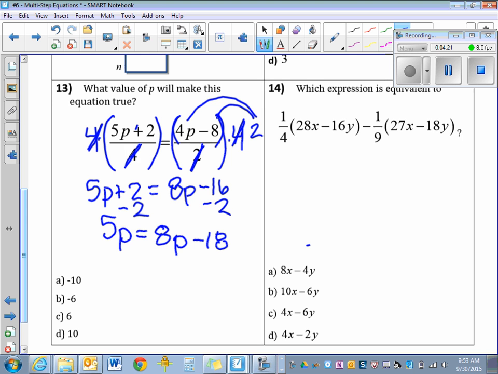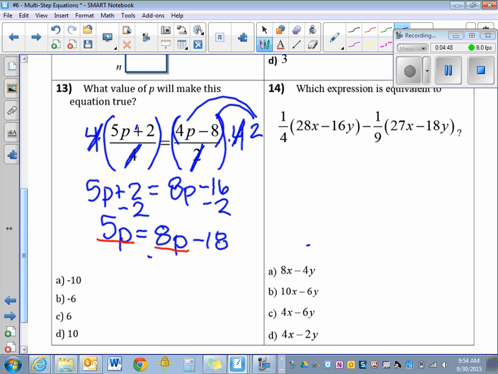Alright. Now I want to get my variables together. So Trey, what will I do next? Well, we want to do the opposite, right? I need to get my variables together. So I need to get 8p and 5p together. But when I cross the equals, I have to do the opposite. So if I currently have a positive 8p, what do I do? Instead of adding, what do I do to the other side?